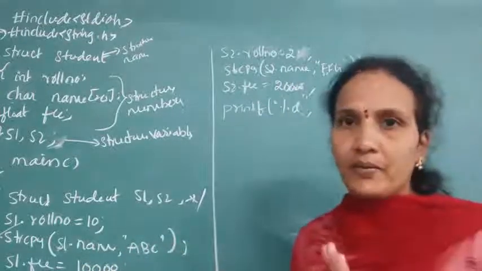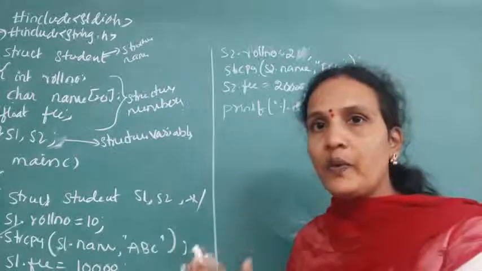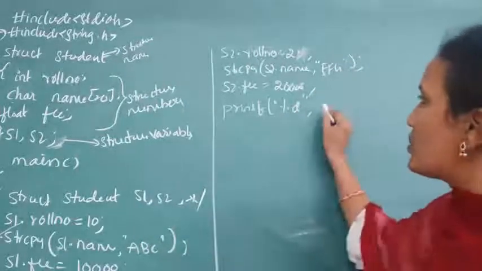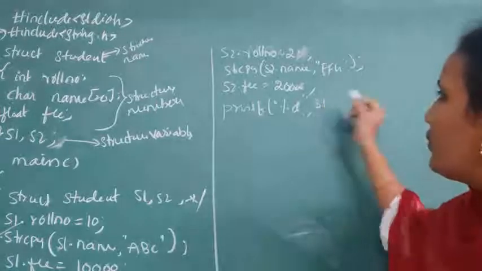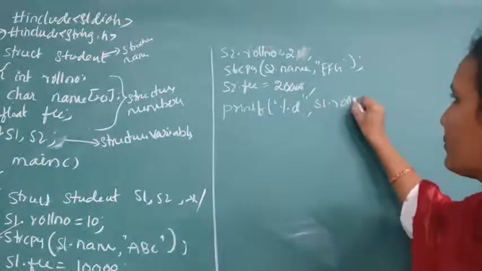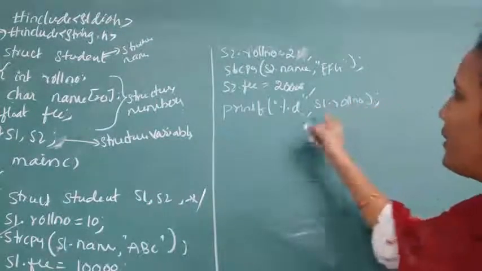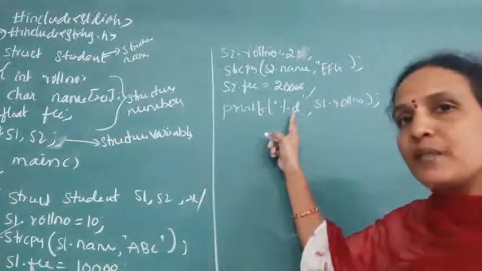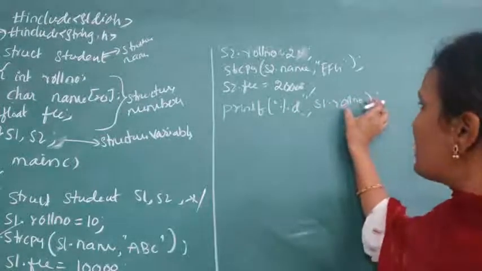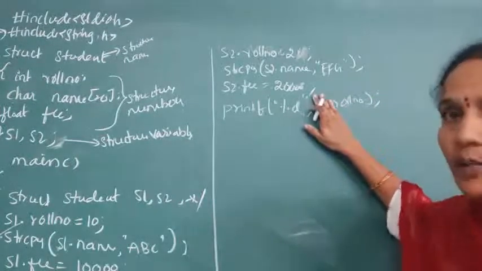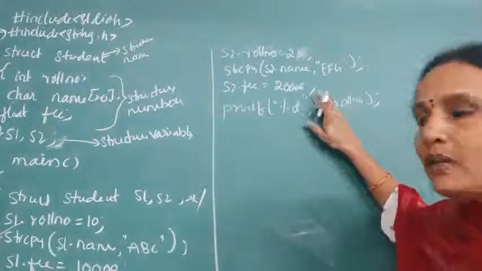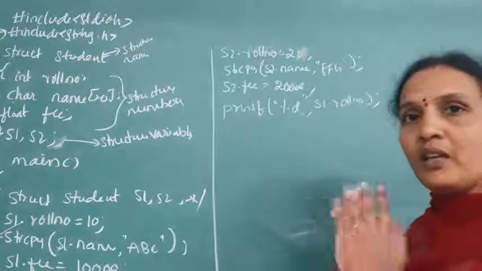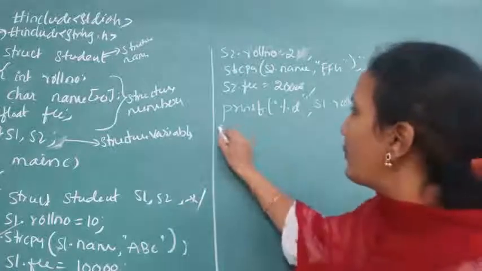Three members, values we assigned for the structure S1. So here first I am printing S1 dot roll number. Roll number is an integer, so here I am giving the format specifier percent d. If it is a normal variable we give only the name of the variable, but if it is a structure member, always the variable name and structure member should be there.